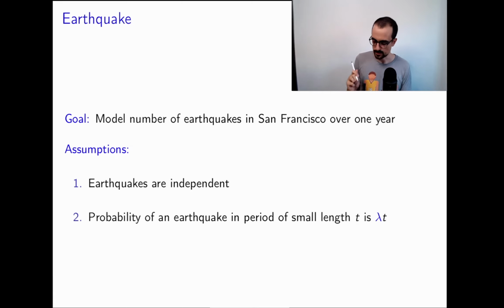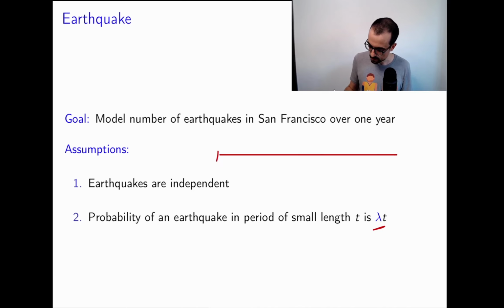This one is a bit more interesting. We're going to assume that the probability of an earthquake happening in a period of a small length t is lambda t. Okay, so maybe let me draw a small picture. So this is a year.